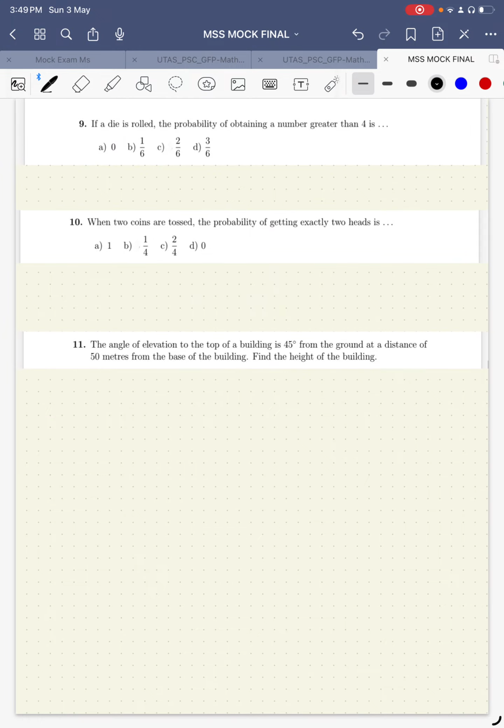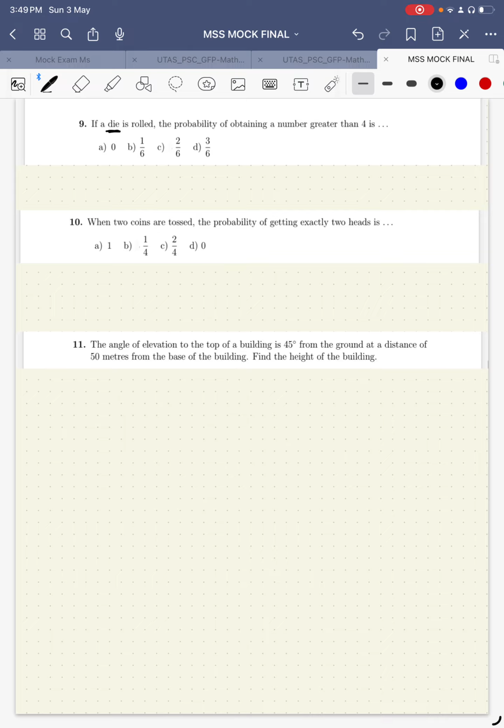If a die is rolled, what is the probability of obtaining a number greater than 4? So remember what we mean by the word die. We want to know the probability of getting a number greater than 4.